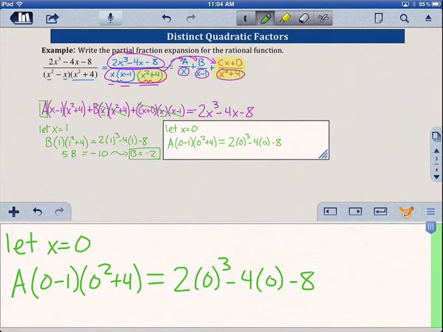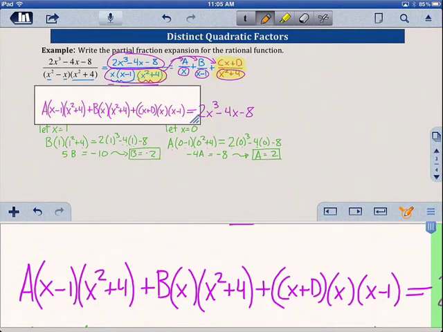So when we solve this here, we have a times negative 1 times 4, so that's negative 4a, and that's going to equal 2 times 0 minus 4 times 0 minus 8, so that's just negative 8, and so a equals 2.